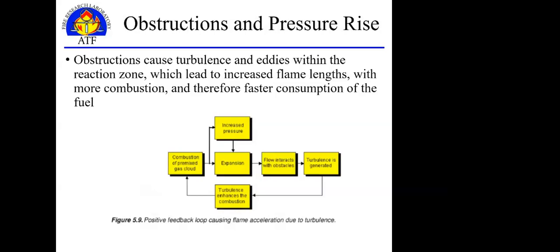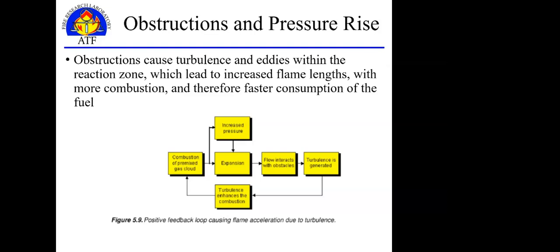So another thing that's going to cause pressure rise and cause more damage is obstructions. When a flame front or a combustion zone starts to hit obstacles, you're going to cause turbulence. The combustion zone is actually going to work around that, and it's going to cause turbulence and eddies. And now you get increased flame lengths, and every fuel has more or less a set burning velocity.